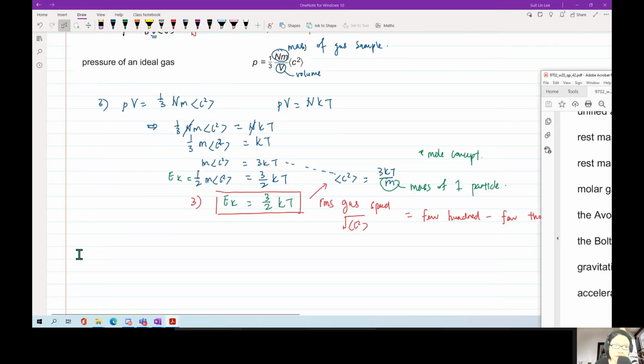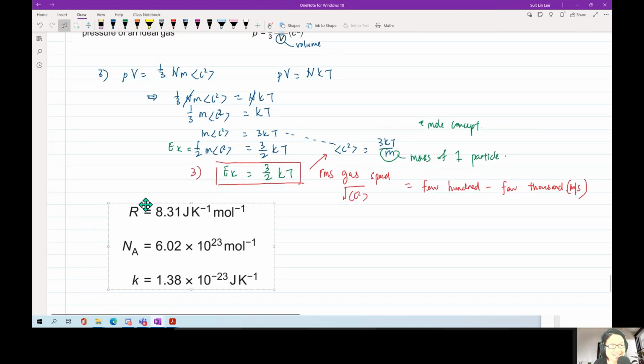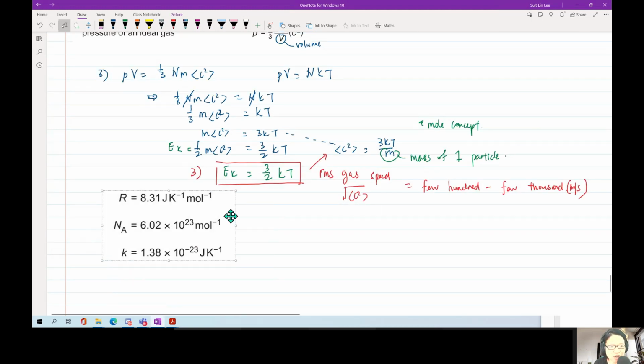I put it here again. See more, remember more, right? Less mistakes. You got this. So R divided by Na is equal to k. See, they put it like this to try to help you. Did it help? Not sure.